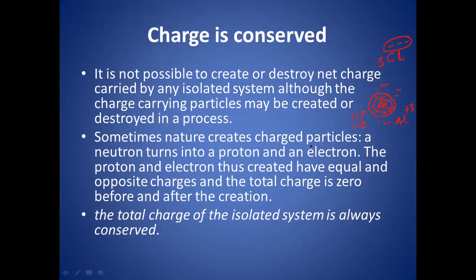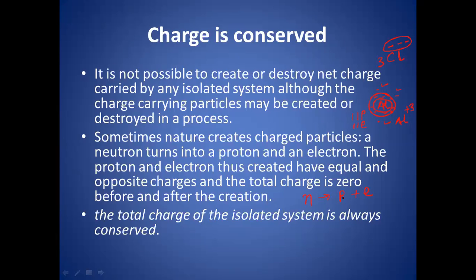Sometimes nature creates a charged particle. A neutron turns into a proton and an electron. The proton and electron thus created have equal and opposite charges, and total charge is 0 before and after. So when a neutron is broken into a proton and an electron, the charge before is 0.